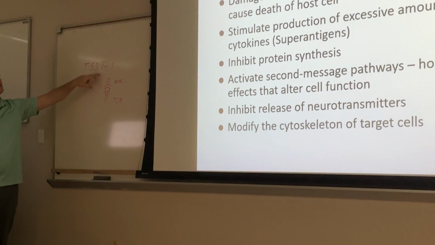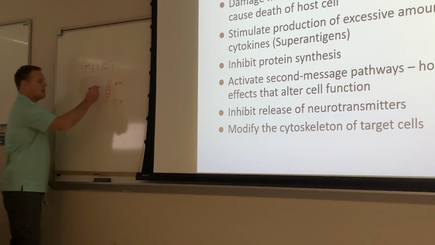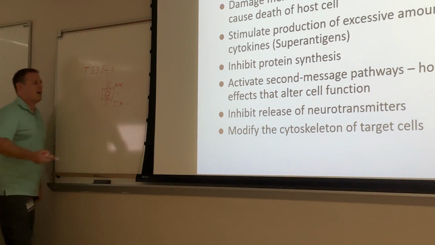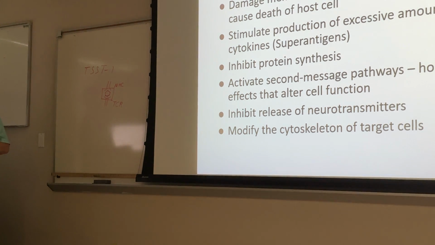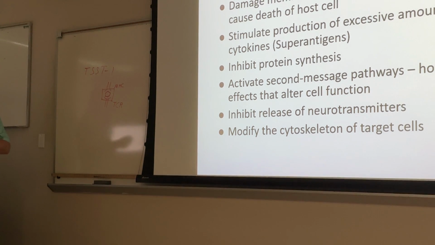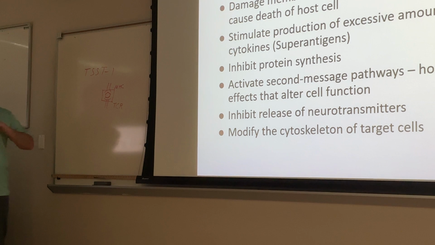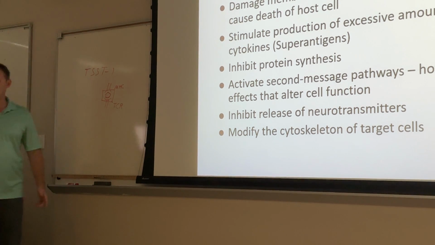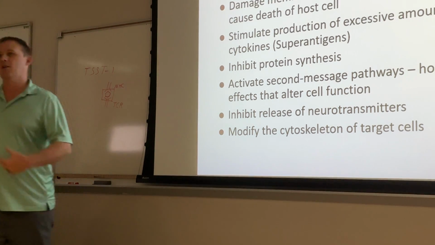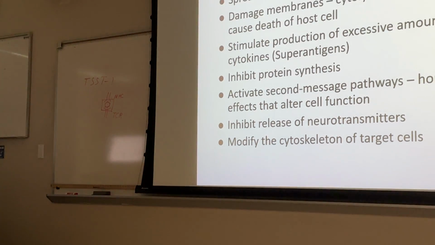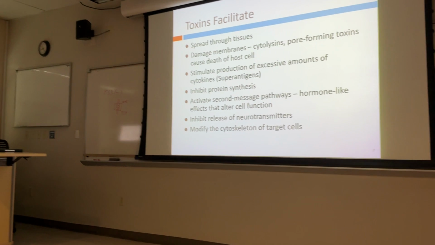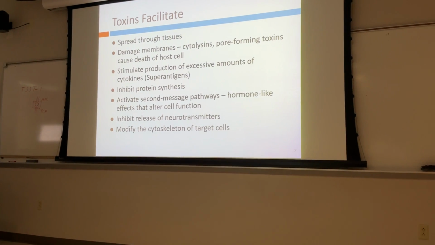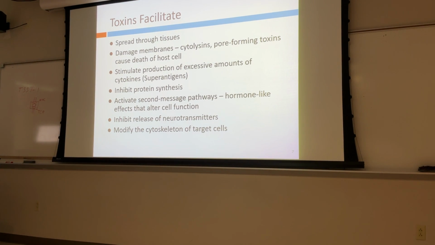What this TSST-1 does is it locks this interaction on, and it keeps it on. And when it keeps it on, what do you think your immune system does? It stays activated, it releases a bunch of cytokines. Ultimately, you might end up with a cytokine storm. So your immune response just keeps going. Toxic shock syndrome, a toxin made by staph, can do that.